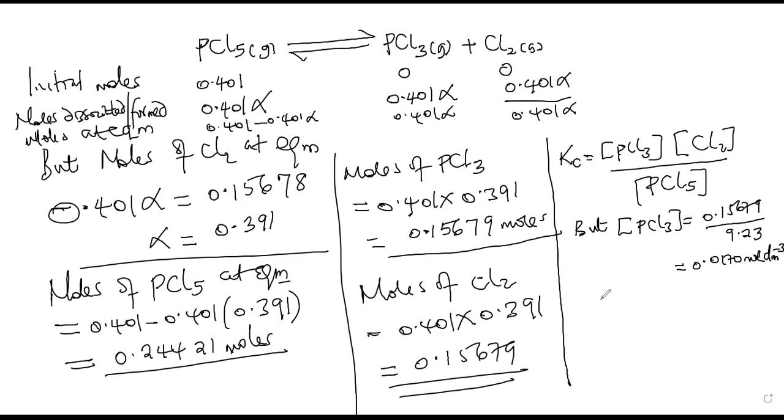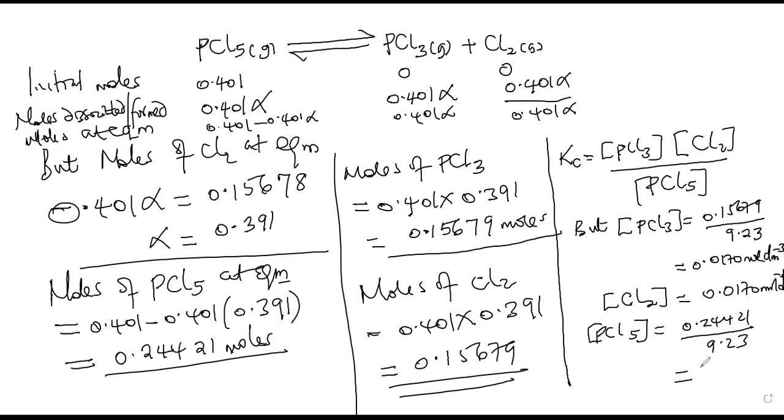Then also, the concentration of chlorine is the same. So it is 0.0170 moles per decimeter cubed. Then the concentration of PCl5 would be equal to moles of PCl5, that is 0.24421, over 9.23.